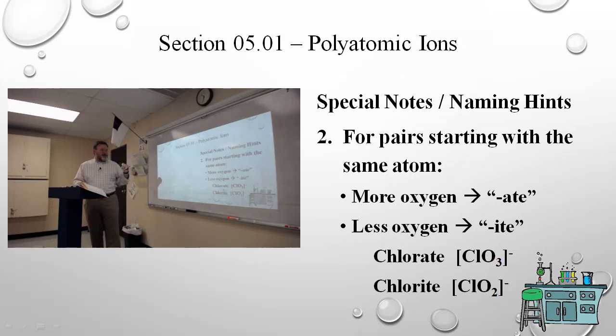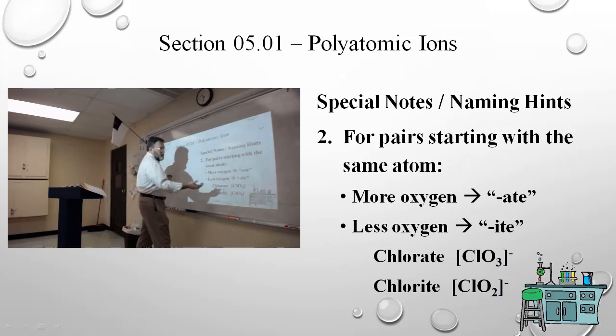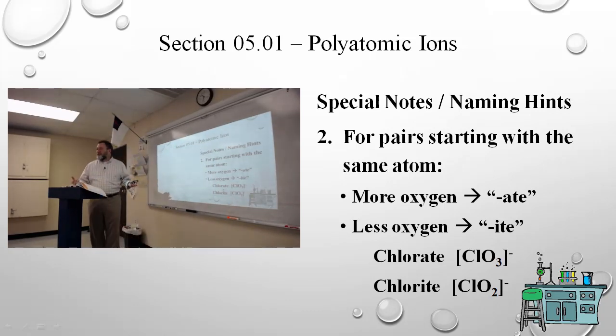All right, so it's not because it has 3 or 2, it's because it has more or less than its pair. And again, looking at that, the first atom in both of these formulas is a chlorine, right? Chlor starts, that'll give you the hint on how to start. So the atom name for the lead atom is chlorine.